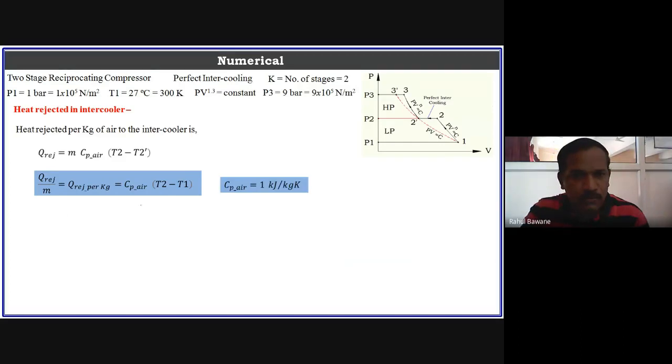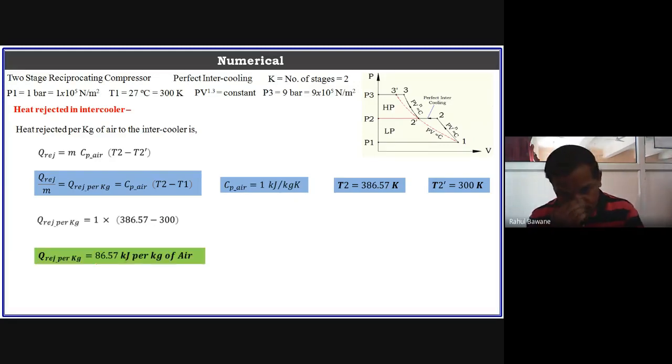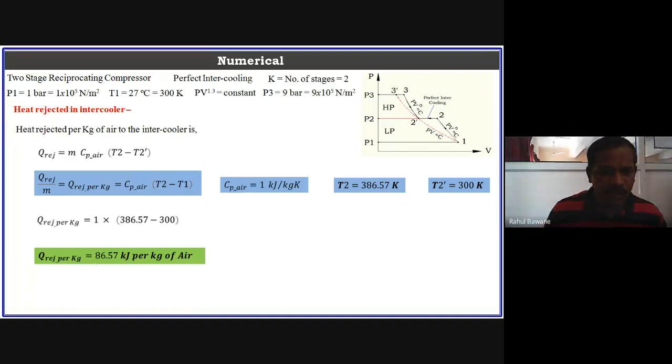Putting the values, Cp as 1, T2 as 386.57 and T2 dash as 300. So 300 is nothing but T1. If we put these values, we come to know that heat rejection is 86.57. So in the intercooler, 86.57 kilojoule per kg of air is heat rejected.